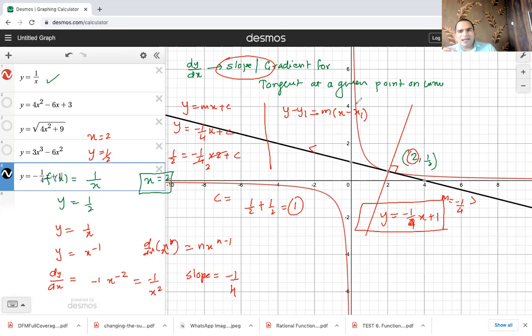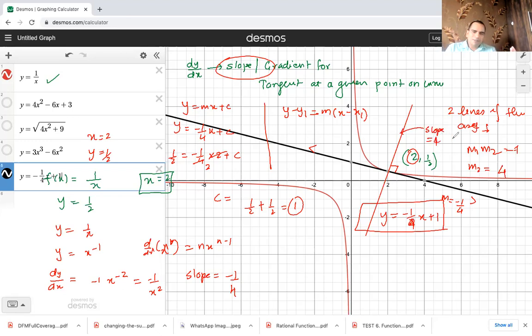At that time, you use the concept of the slopes of two lines: if they're perpendicular, the slopes multiply to negative 1, or you can say the slopes are negative reciprocals of each other. So if m1 is 1/4, m2 will be the negative reciprocal of 1/4, which is 4. So the slope of the normal line is 4.